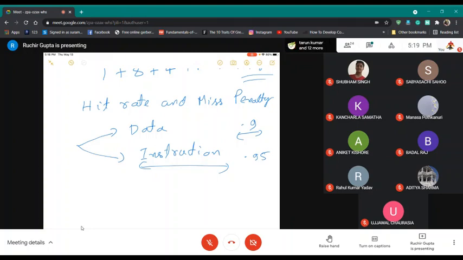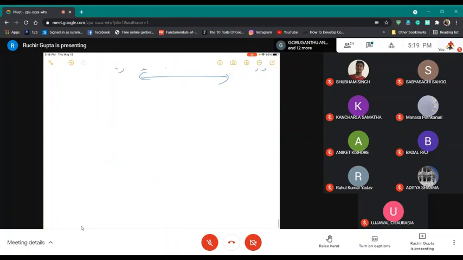Now let's see an example to understand how it will be with cache and without cache. Let's assume that H is the hit rate.